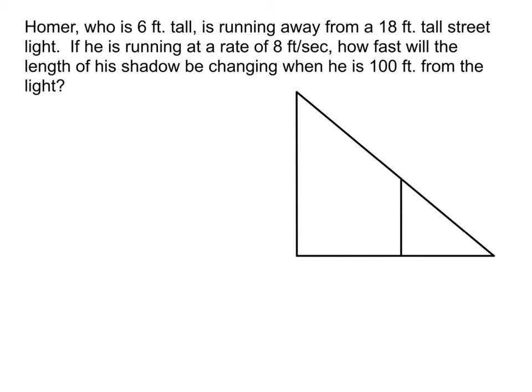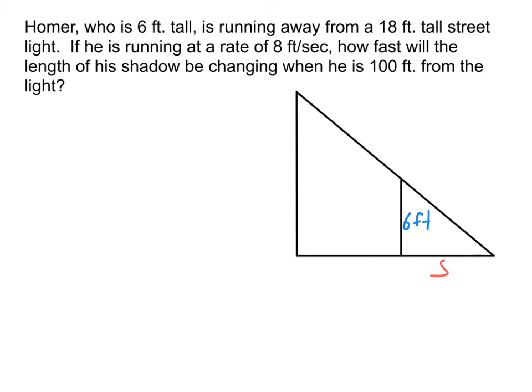All right, now let's actually start dealing with what we have here. First of all, I want to label my unknowns that I'm supposed to be working with. So we got the length of the shadow here. I'm going to call the shadow S. Now, if I know the shadow is S, I also know all these other pieces here. So, like, I know Homer is 6 feet tall.